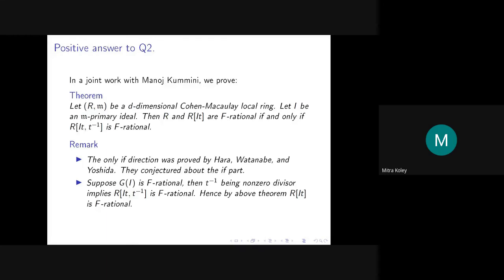Then by the second remark, one can say that the Rees algebra is always F-rational. One other advantage of the if direction is the existence of a homogeneous system of parameters of the extended Rees algebra. So to see that the extended Rees algebra is F-rational, one just needs to show that the homogeneous system of parameters is tightly closed.